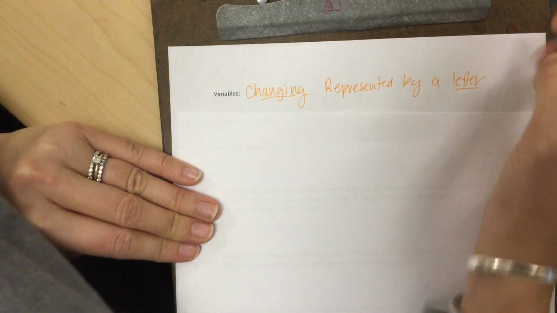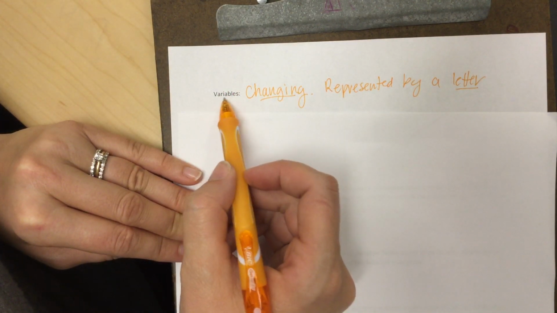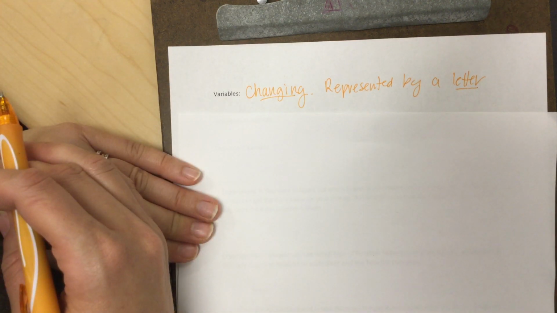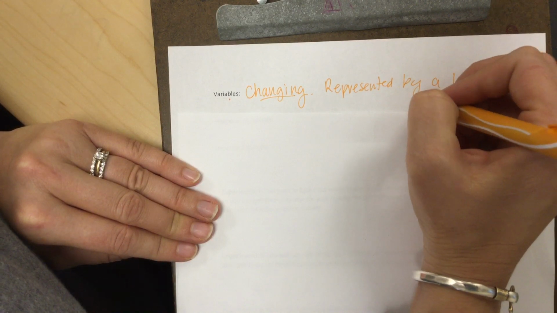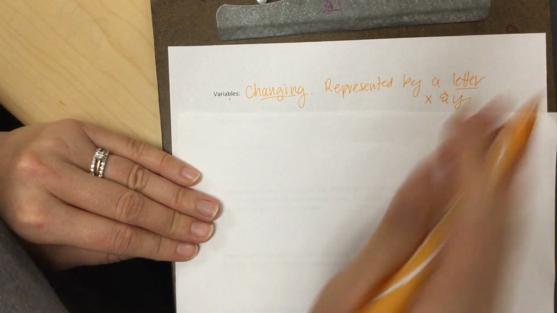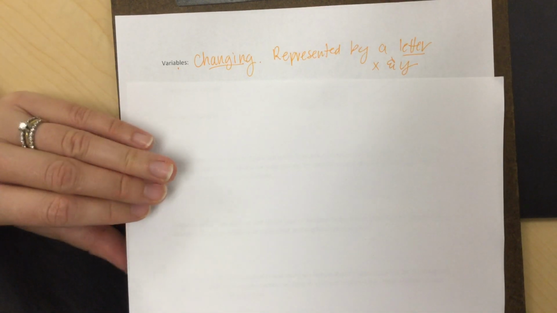And they're represented by that letter so that they can vary and be different, represent different numbers while we're solving. Oftentimes, you'll see X and Y being used, but those are not the only variables that are used.